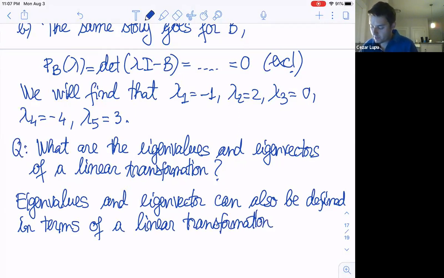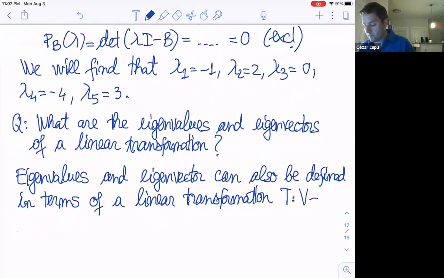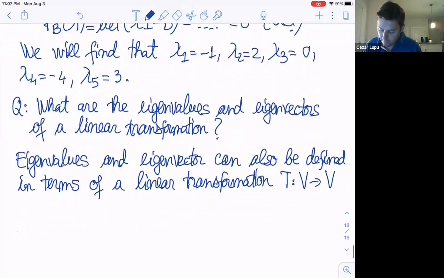Let's say T, which goes from the vector space V to V. In other words, we say the following, and let's call this a definition.